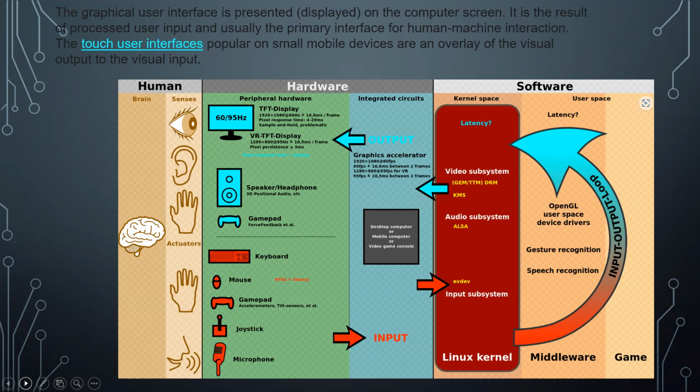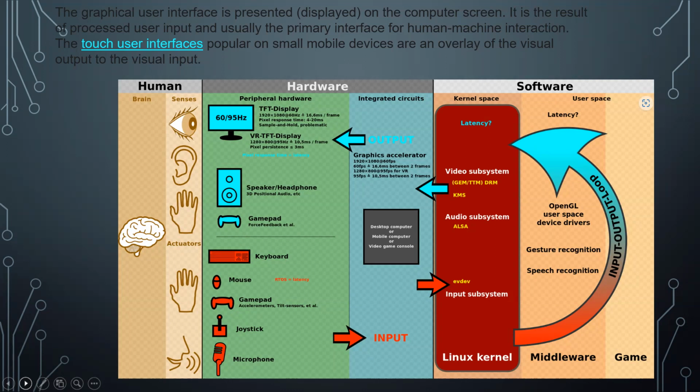When the input is given to the Linux kernel middleware, they perform the input output loop and produce the output, either in the form of a graphic accelerator, that is desktop computer, mobile computer, video game console. The output can be in the form of a speaker or a visual screen, or even an audio form. So in this way, graphical user interface design works.